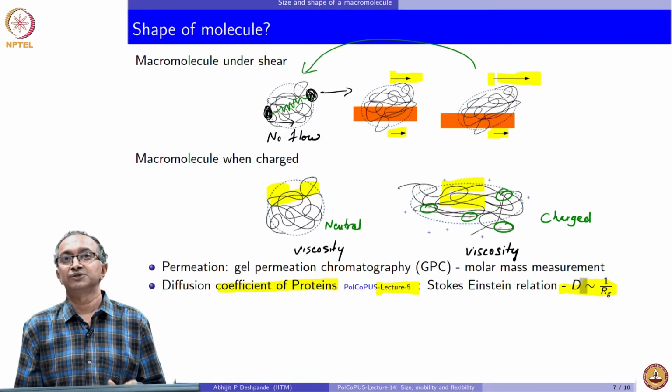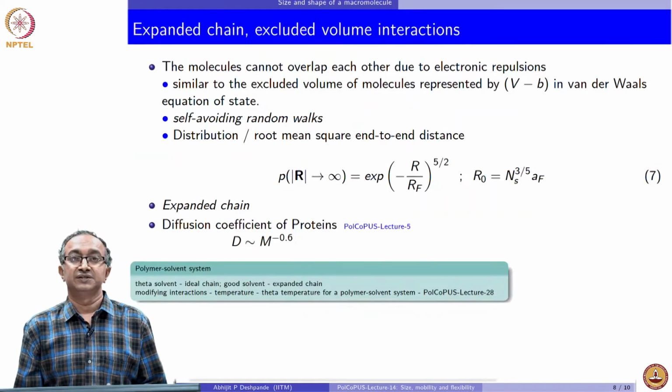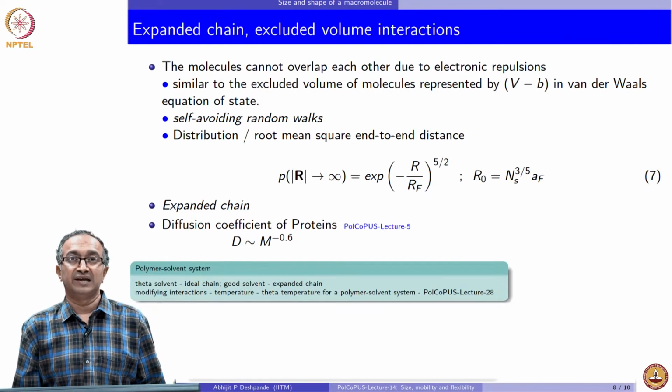How does the diffusion coefficient of an ideal chain vary with molar mass of the macromolecule? Since in an ideal chain two parts of the chain can overlap, that is a model suitable for only certain kinds of situations.